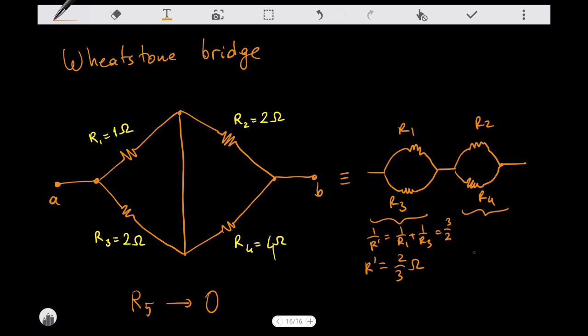And for that part, I don't want to do the calculation. I know that the resistance ratios are 2, so therefore I'm going to get 4/3 ohms in here. And so therefore the equivalent resistance is the sum of these two, which is R prime plus R double prime, which is 2 ohms. So again, it's the same answer, but found in an alternative way.